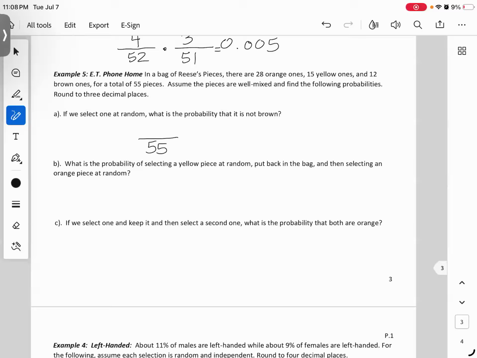And working with students, I think usually the most typical way to do this problem is just to add up the other colors. You've got your yellows and you've got your oranges. You would add those together.